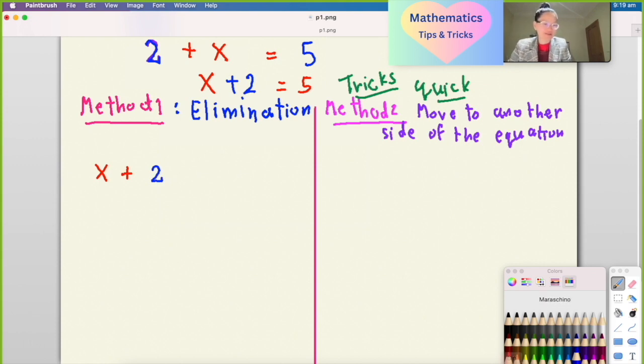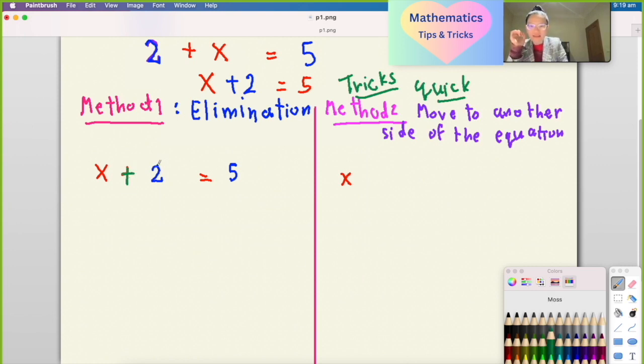But guys, you have to look at this one carefully because it's a little bit tricky. Equals 5. Write down 5 here. Then x equals 3. But try to see this method.